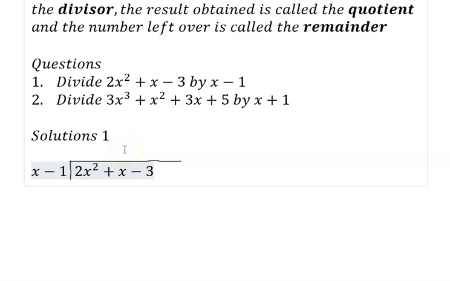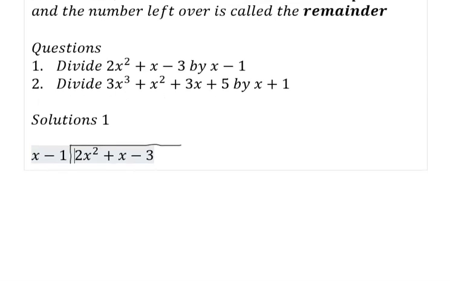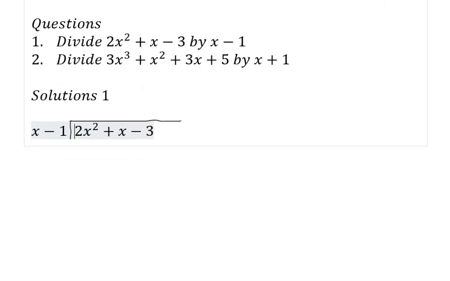I want you to pay attention as we solve. It's just like solving your long division. You have your divisor out here and your dividend in here. I want you to pay attention to the step by step we are going to use. This is how it works.